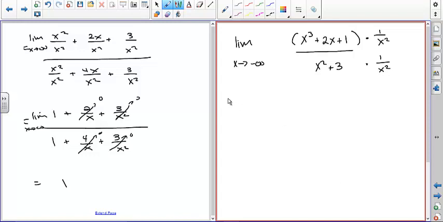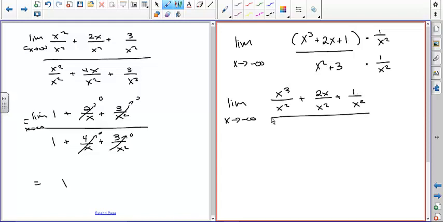So what that will do, you'll get x cubed divided by x squared plus 2x divided by x squared plus 1 divided by x squared, and then you get x squared divided by x squared plus 3 divided by x squared. So these are going to go to 0. Well, let's simplify it first.